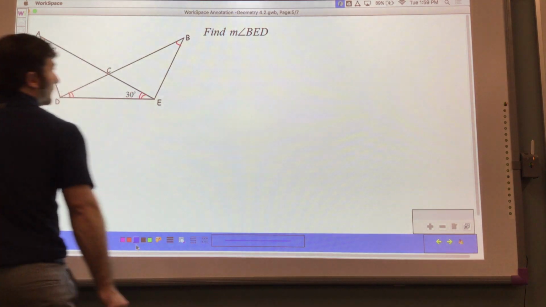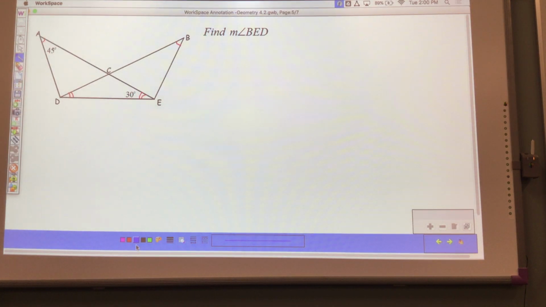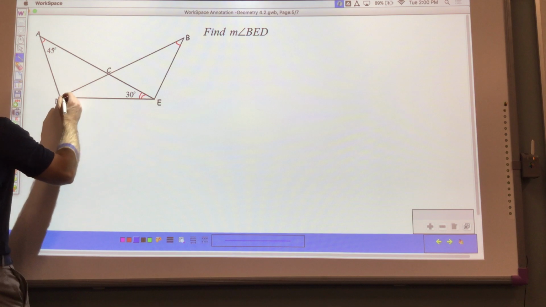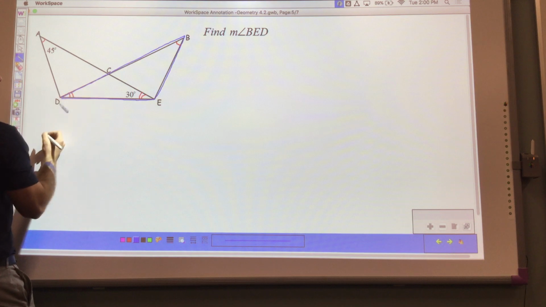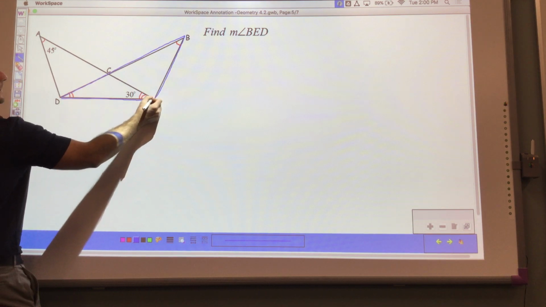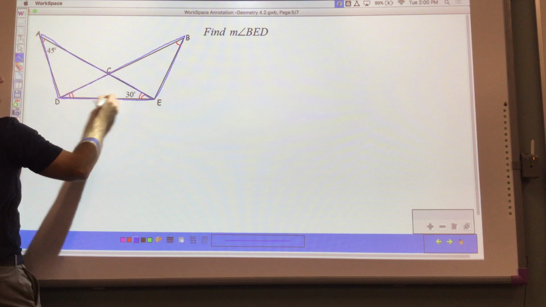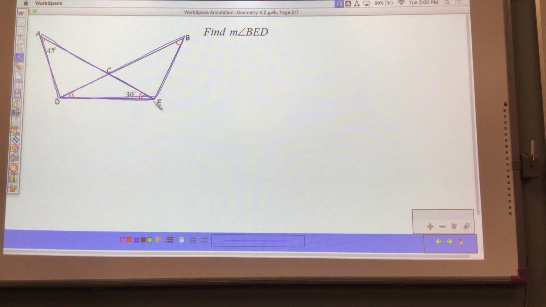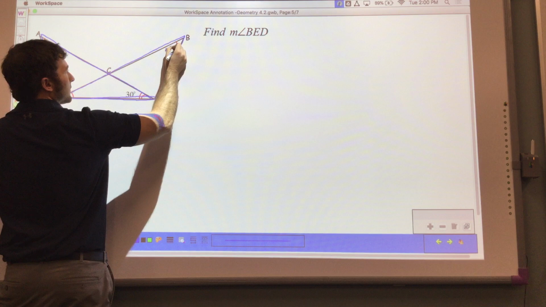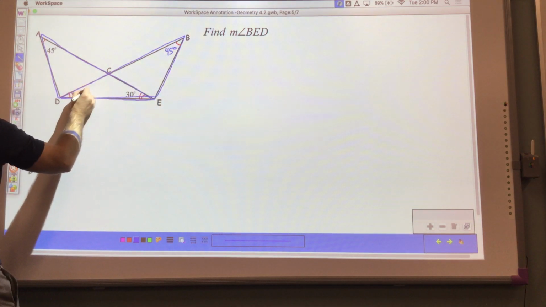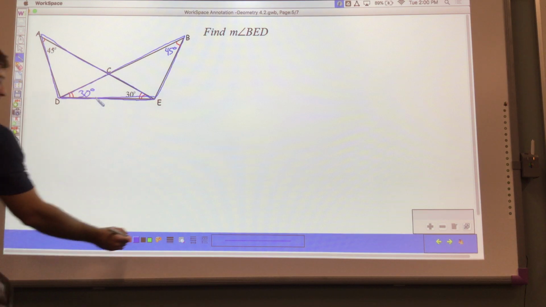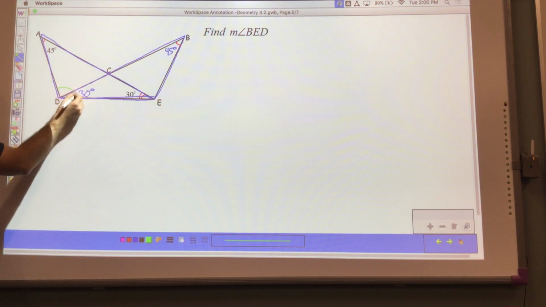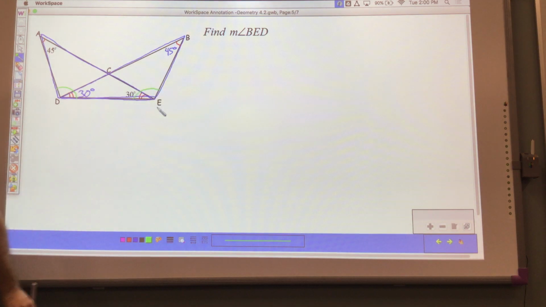All right, this example. Find the measure of angle BED. Well, here we got two triangles. This one, and this one. And then we got this triangle here. Now, if you notice, we have 45 and 45. And then we have 30 and 30. So that third angle we're going to be looking at is going to be this one. And if we're finding BED, that's one we need to have.